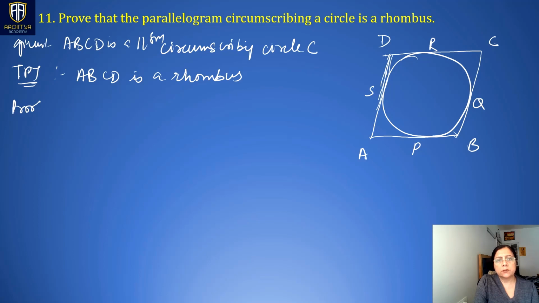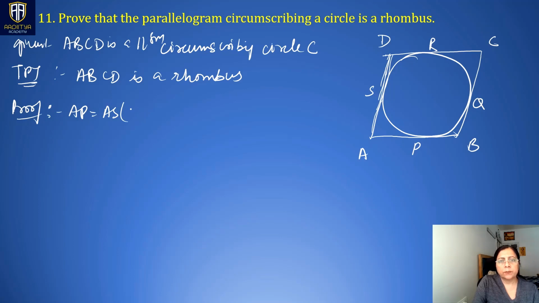Now proof is, first of all we start with the theorem which gives that the length of tangents from an external point to a circle are equal. So we have 4 points A, B, C, D. We have pair of tangents from these 4 external points and the length of these tangents are equal. We start with A. Now AP is equal to AS.